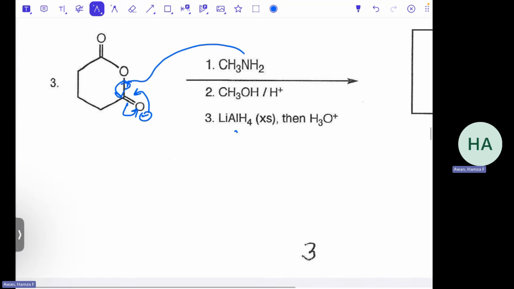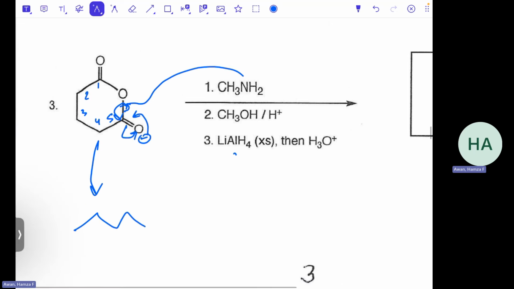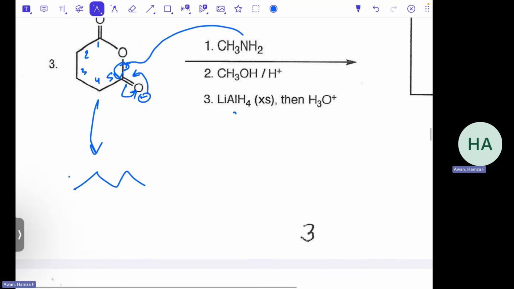So the product for that looks like a 5 carbon chain: 1, 2, 3, 4, 5. On our first carbon, we have the double bond O, attached to an O minus. And then the other one, OH, would get protonated.